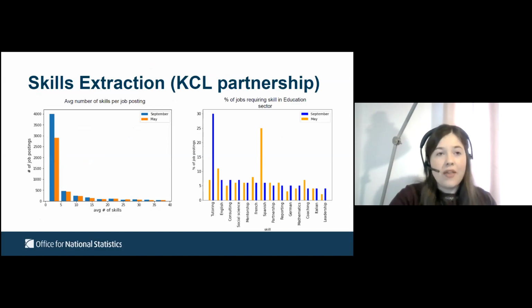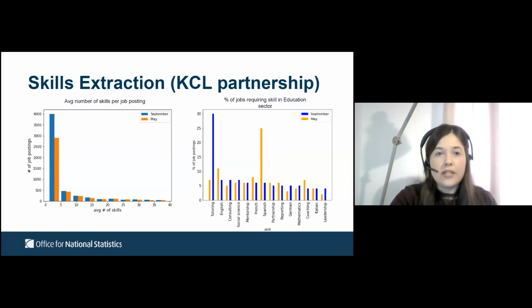And the final part of methodology that I'm going to discuss today is around skills extraction. So we're still in the early stages of this work, but we've been working with our colleagues at King's College London, who have developed an initial algorithm that can be used to extract skills. The approach that algorithm has taken is to use a word-to-vec model, which is a natural language processing technique that uses a neural network model to learn word associations from text extracts.